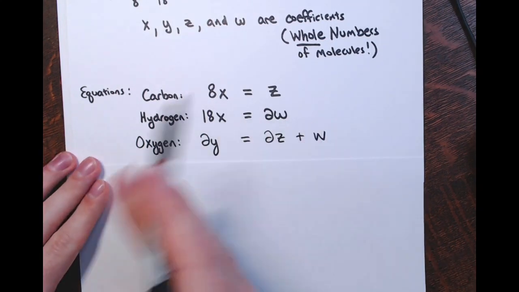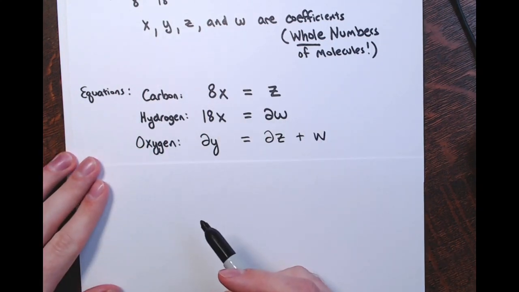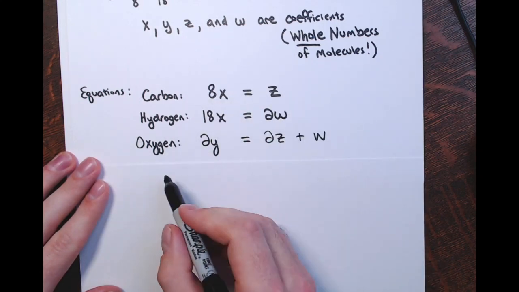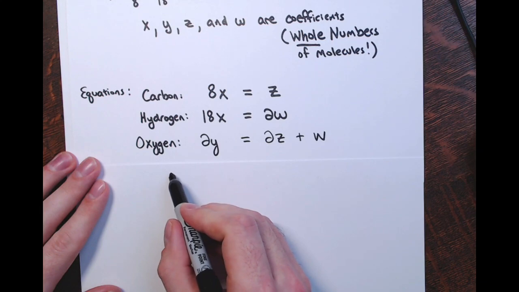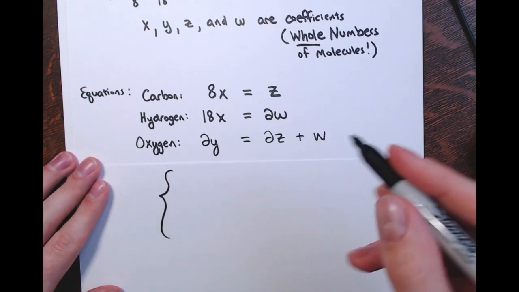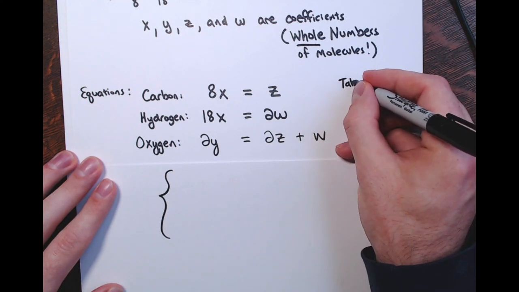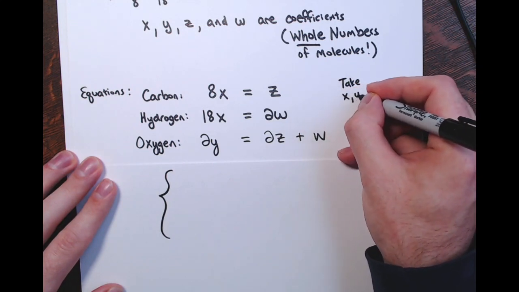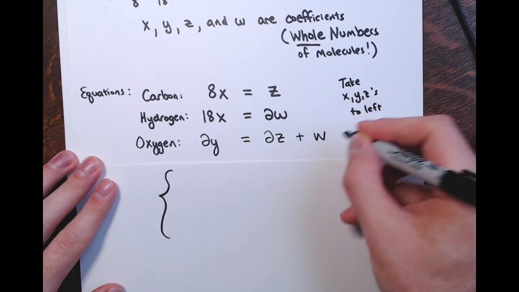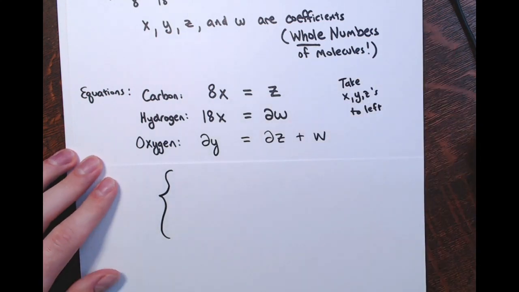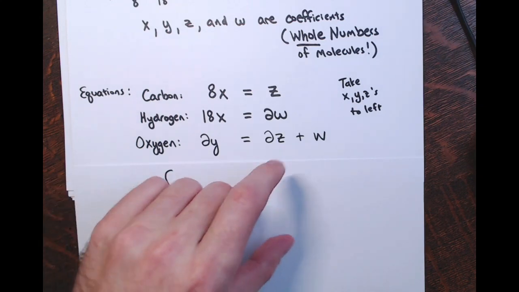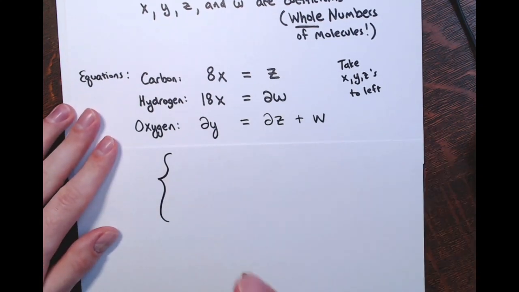I'm going to take just 3 of the variables to one side, because there are 3 equations. Just manipulating these equations, I'll get this system. Let's just take the x's, y's, and z's to the left, and I'll leave the w's on the right, so I have 3 equations with 3 variables on the left side, and the 4th variable on the right side.